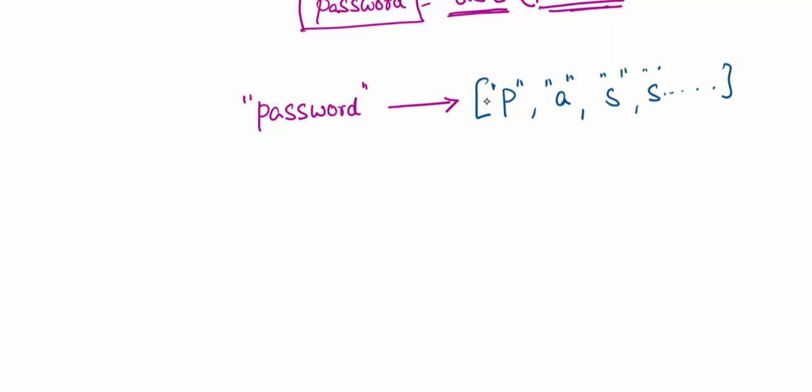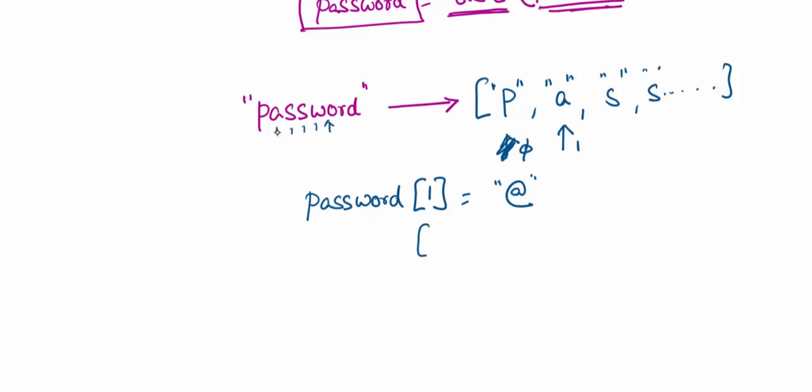Now, the reason why we are converting this string to a list of single characters is because lists are not immutable, they can be changed. Meaning, if you want to change this element, all you have to do is say password, which is our list variable, of 1, because this is 0 and this is 1, equals @ symbol, right? Similarly, this is going to be at 1, 2, 3, 4, 5. Password of 5 is going to be 0. That completes our substitution.